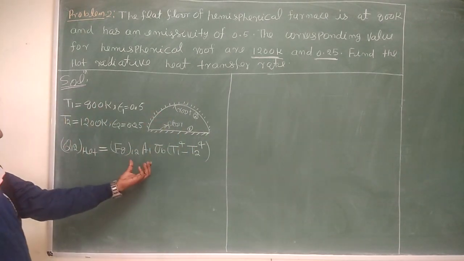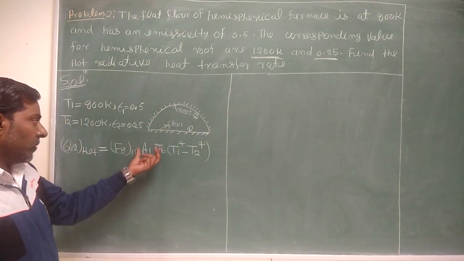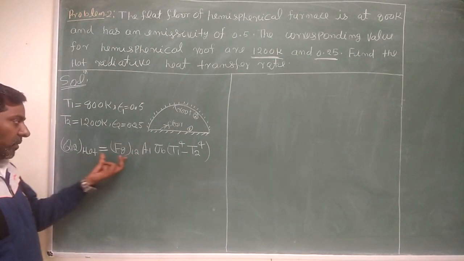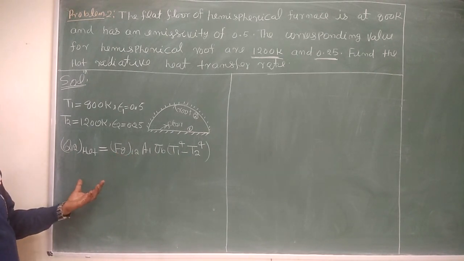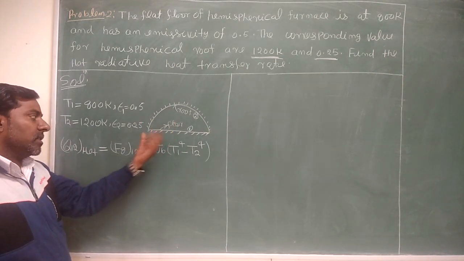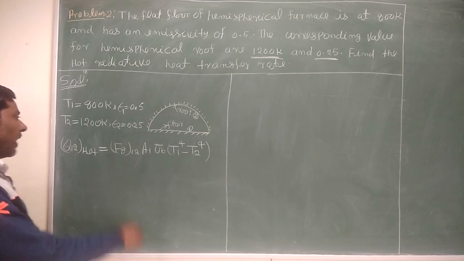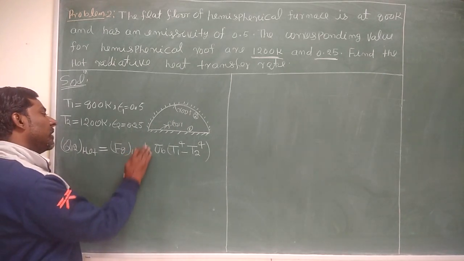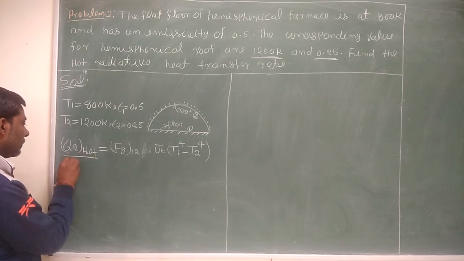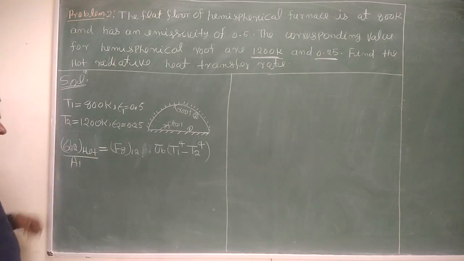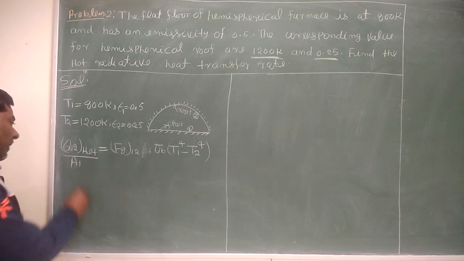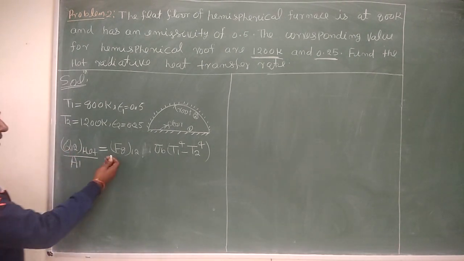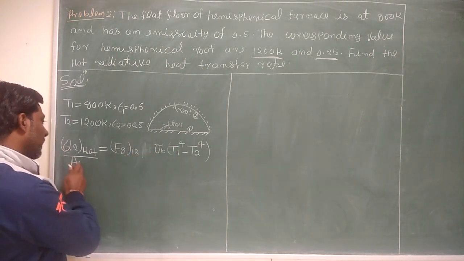This is the formula to get the net heat transfer rate between the two bodies. Since the dimensions are not given, you have to calculate per unit area, so you take this area A1 here. This is the net heat transfer rate between 1 and 2 per unit area of the flat floor.